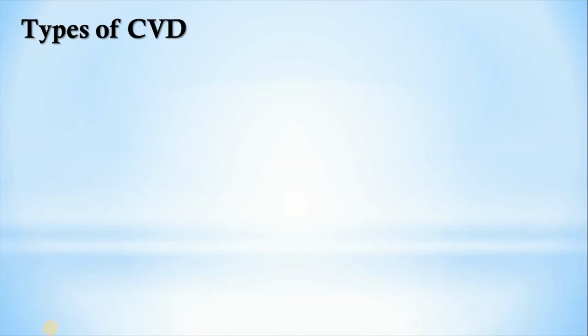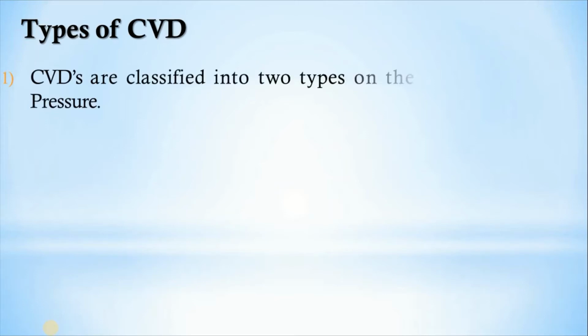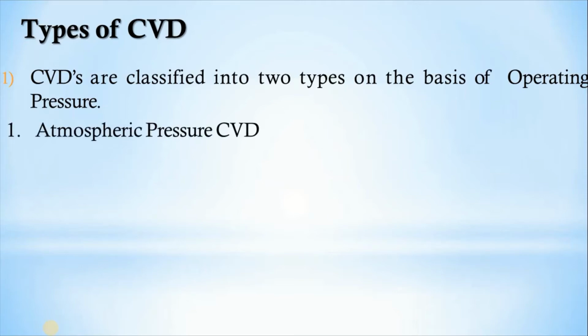Next, there are different types that can be used for the decomposition of material. These are classified first based on the operating pressure, that is atmospheric pressure CVD and low pressure CVD.